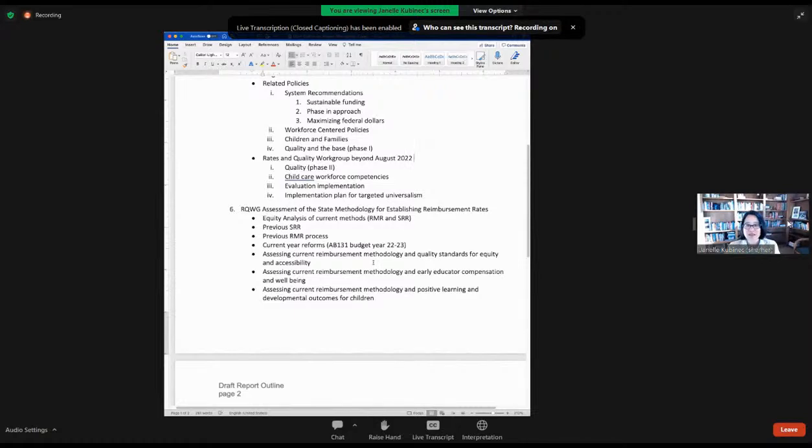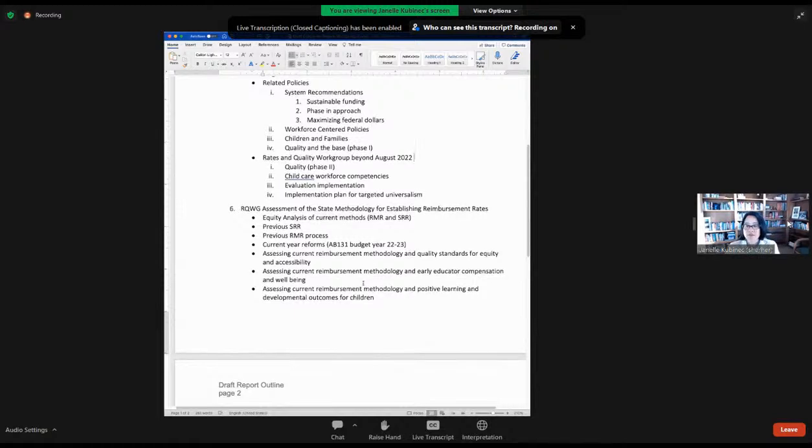So a key example here is moving from a model that is what people pay to what it costs, which is a significant part of the assessment of the reimbursement methodology. How and what that means with respect to program standards, how we think about quality. And this is all in the conversation that we've been having and will continue to have.